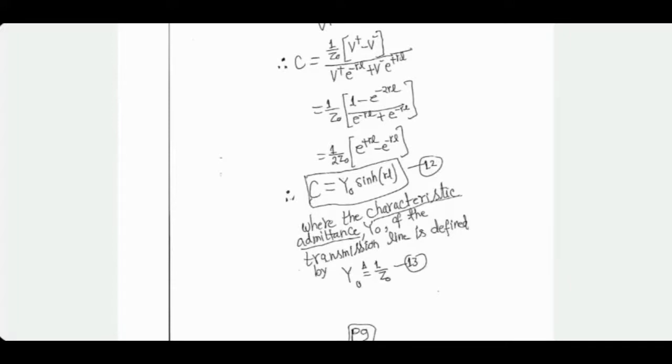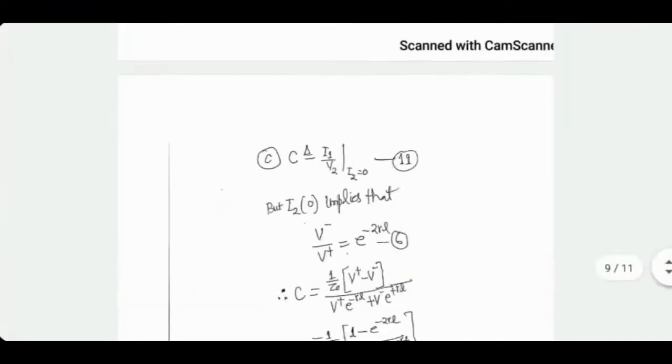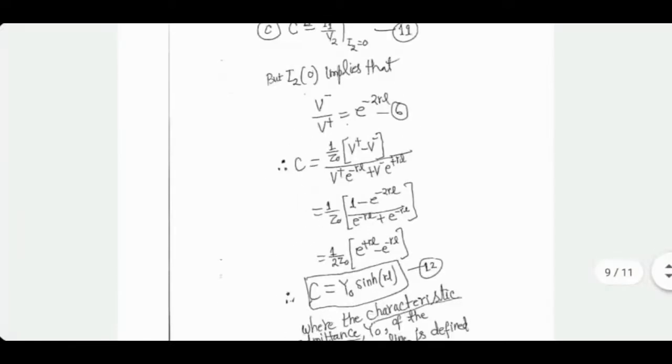Sometimes we say Z naught, sometimes we say Y naught for a given line. Y naught is nothing but 1 upon Z naught. It is the characteristic admittance of the line, obviously. So C turns out to be Y naught sine hyperbolic gamma L. B turned out to be Z naught sine hyperbolic gamma L. That's funny. Anyway, must be true.